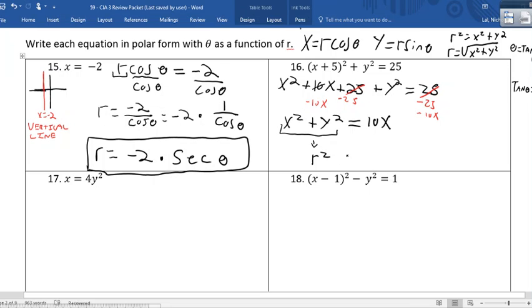And r squared is going to be equal to, x can be written as r cosine of theta. So 10 r cosine of theta. Oh, and sorry, that's a negative 10x. That's going to be negative 10 r cosine of theta.